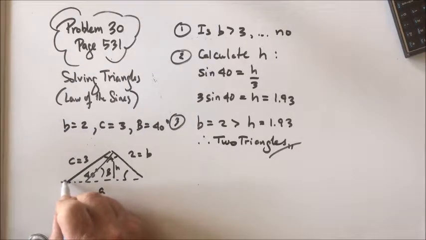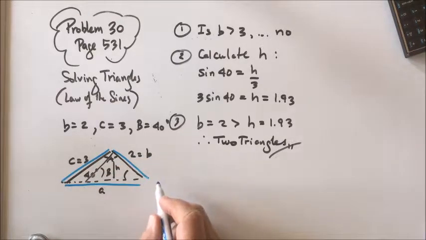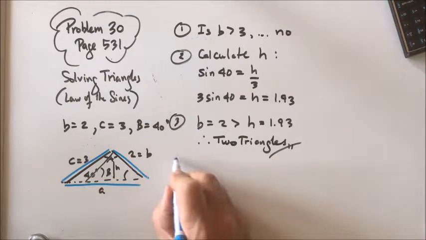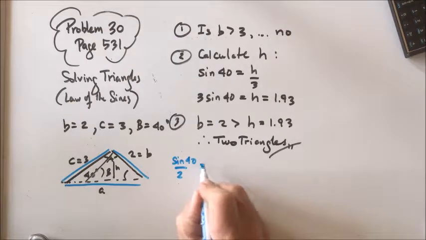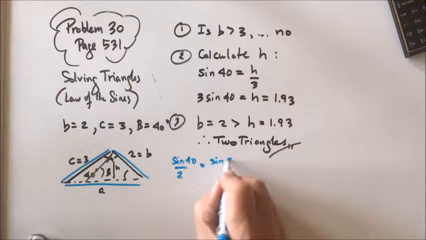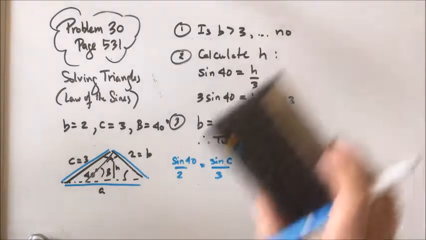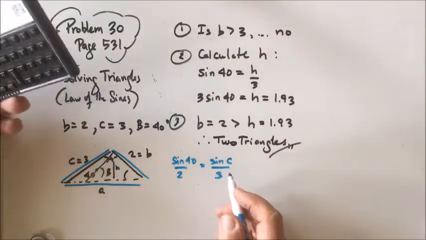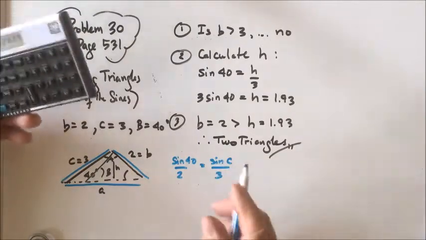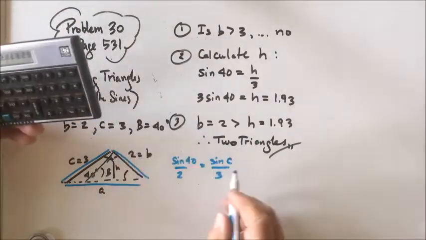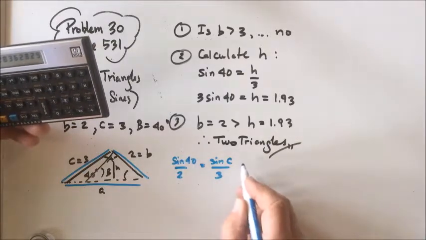Let's see if we can deal with them now, especially if I can do it in this amount of space. I feel like we ought to change colors here. Let's look at this triangle right here first. What have I got? I've got sine 40 all over 2 is equal to sine of C all over 3. Notice that C can be this angle or C can be that angle. So let's see what happens when we calculate 3 times sine 40 all over 2.